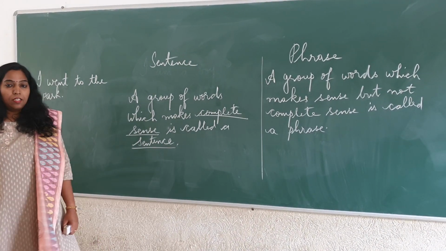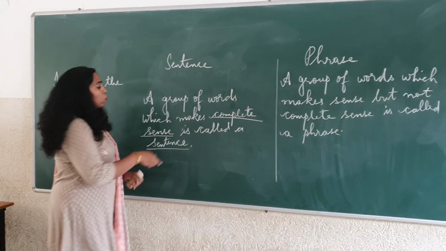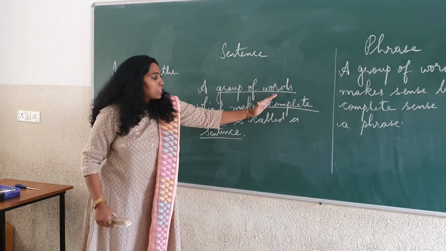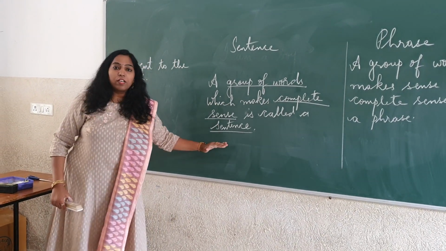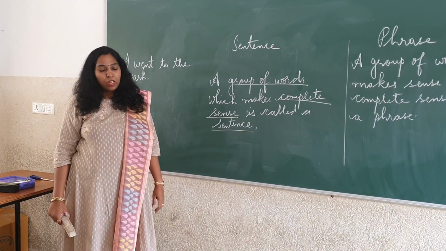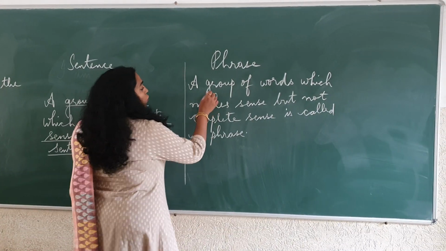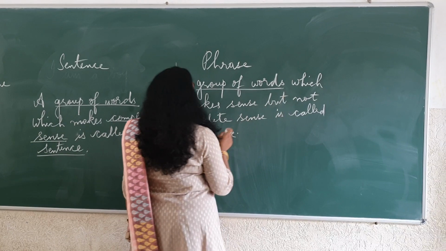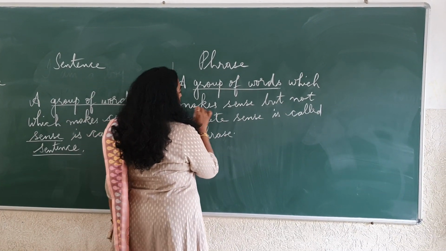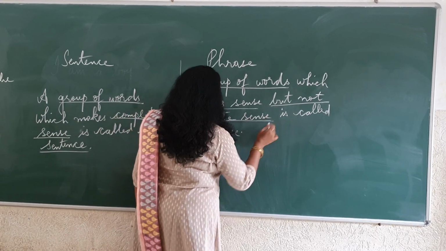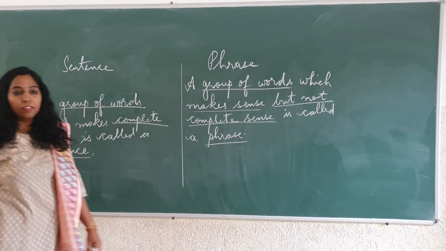You must underline. A group of words, you can also underline group of words. A group of words which makes complete sense is called a sentence. Then what is a phrase? This is also a group of words. A group of words which makes sense but not complete sense is called a phrase.